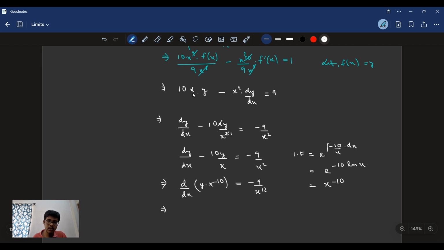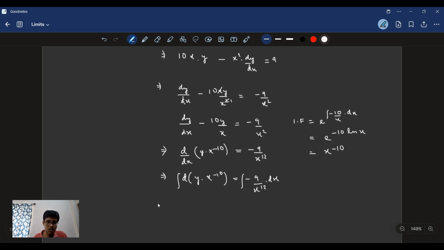Now on integrating both the sides, minus 9 by x to the power 12 dx, we get y into x to the power of minus 10 equals minus 9 x to the power of minus 11 by minus 11 plus c.